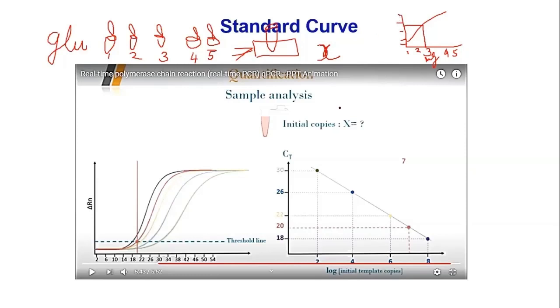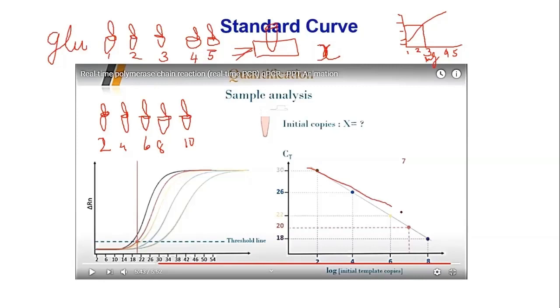Same way in real-time PCR also it works. If we have the viral sample in hand, we take a serial dilution of the virus in 5 tubes, in terms of 2, 4, 6, 8, and 10. Then we plot a standard graph. The real-time PCR machine itself plots the standard graph by checking the fluorescence that comes out of these 2, 4, 6, 8 samples.